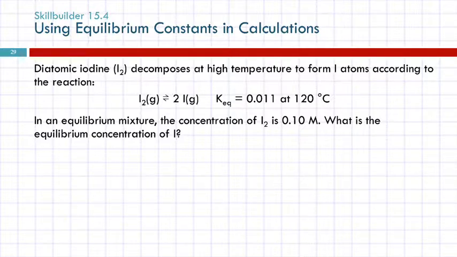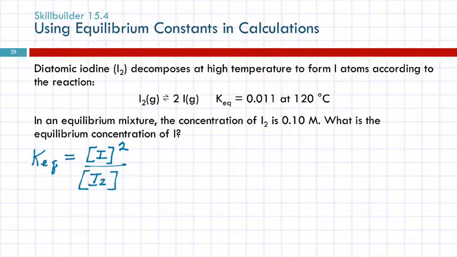So to do this, we need the equilibrium constant expression. So it's going to be the product, which is just iodine atoms squared, divided by the reactant concentration. So we're given that the concentration of I2 is 0.1.